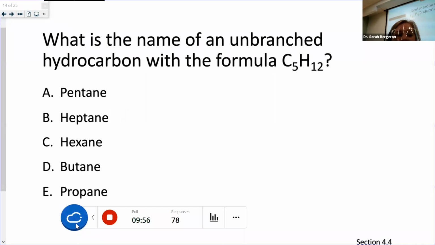All right, what is the name of an unbranched hydrocarbon with the formula C5H12? C5H12, an unbranched hydrocarbon.